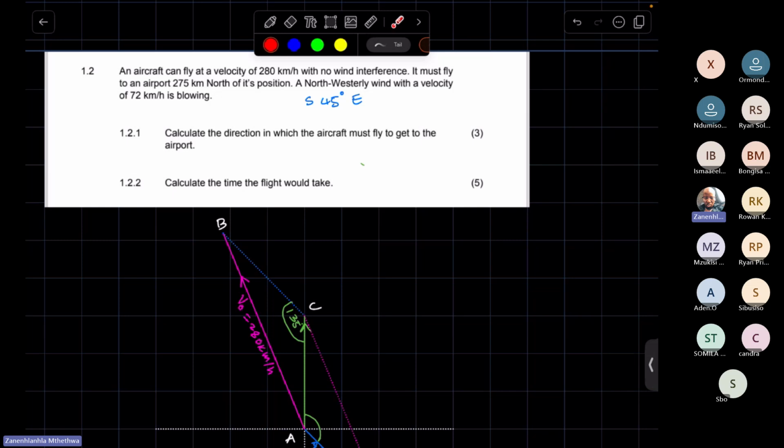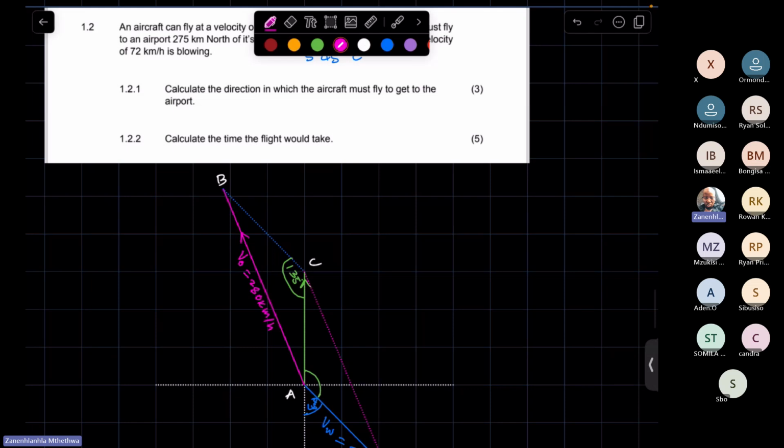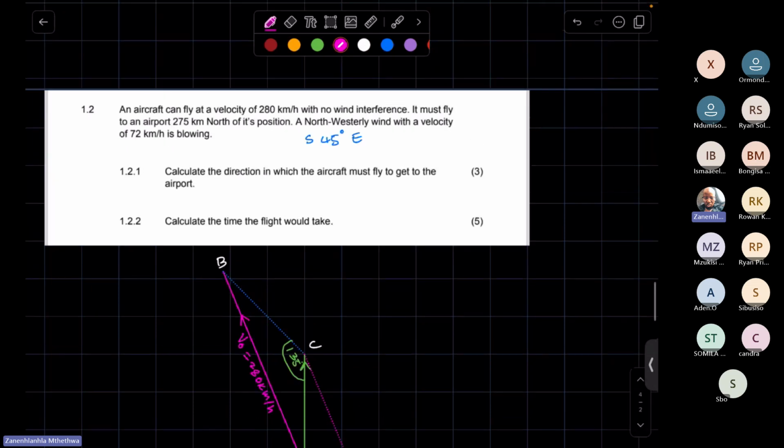Right. Now let's look at the question. 1.2.1 calculates the direction in which the aircraft must fly to get to the airport. All right. So they want us to calculate the direction in which the aircraft must fly in order to get to the airport.